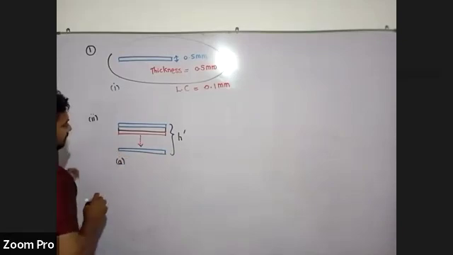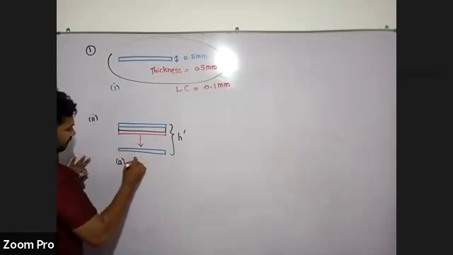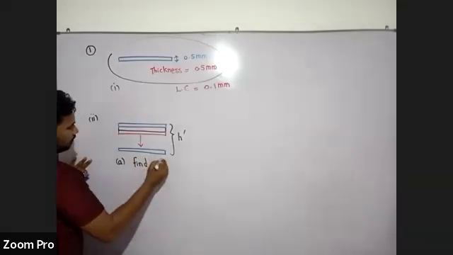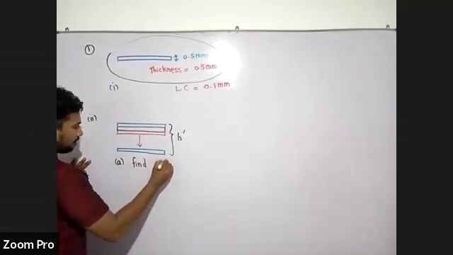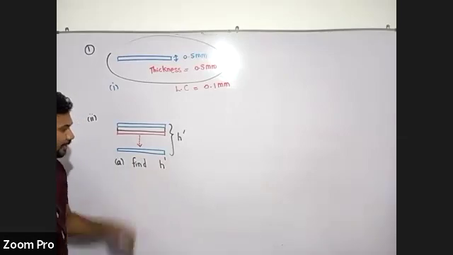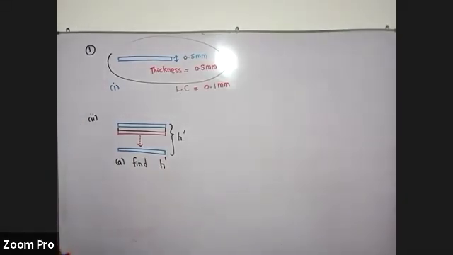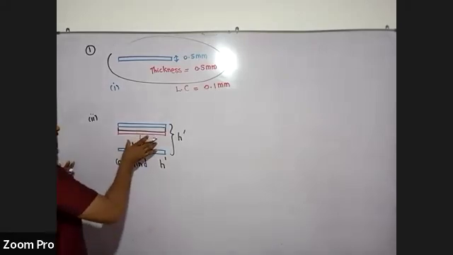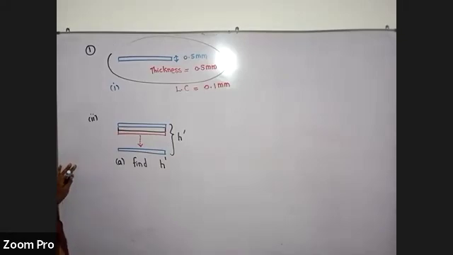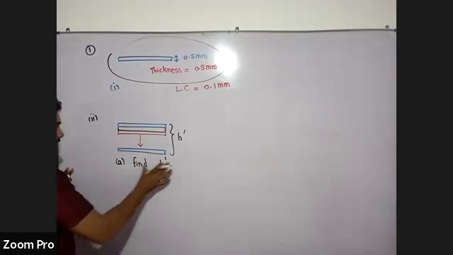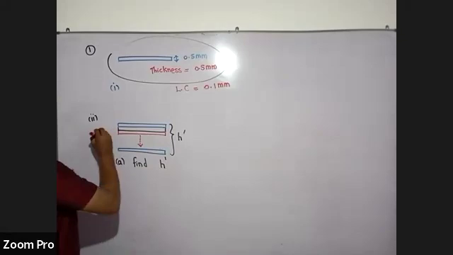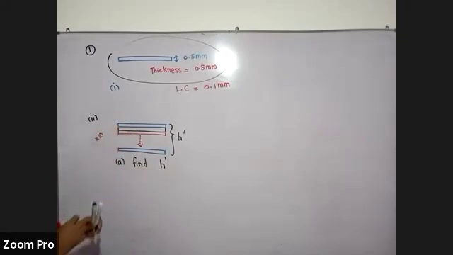Simple A part. Find the value of H dash. Now he has kept 10 sheets according to this diagram. Now you have to find the H dash. So in this instance, there are 10 sheets which are kept according to this diagram.